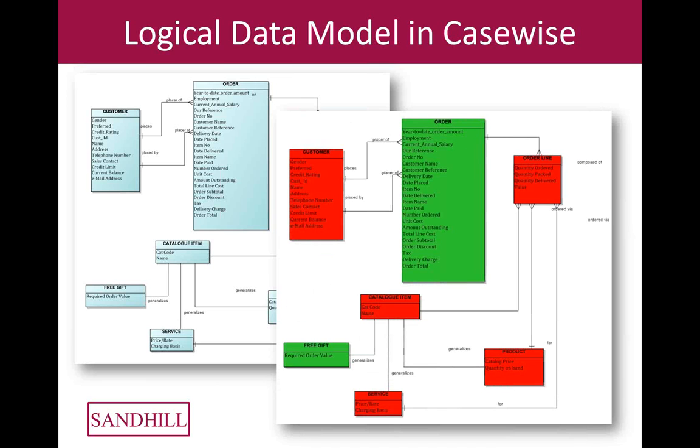So you see the same sort of information. And as you see the transformation to the picture on the right, what we're doing there is leveraging information that was in ERwin, which was actually a user-defined property, and we're able to take that information and visualize it. This is something that you're not able to do in ERwin, but in Casewise it's very easy to visualize any property, even if it's a user-defined property.